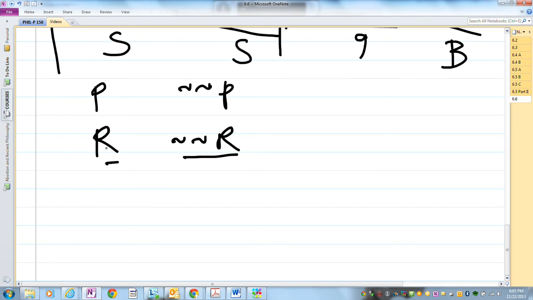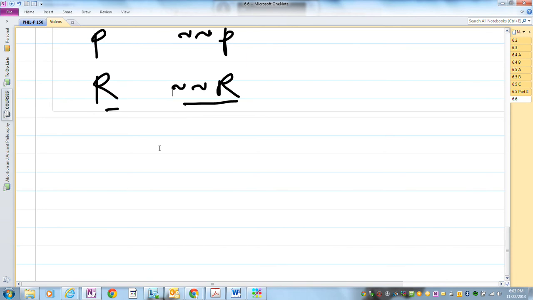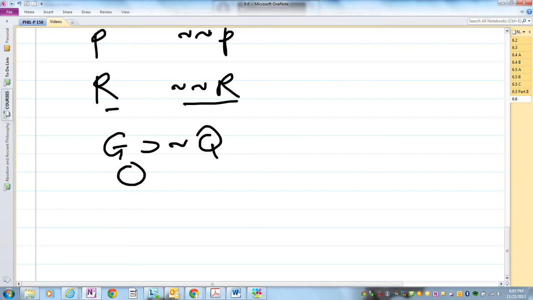Again, double negation can allow you to see more clearly what is going on in an argument and what form is being exemplified. Suppose that you have this: if G then not Q, and then you have Q as the second premise, and you infer not G. You should be able to see that this is a modus tollens, right?